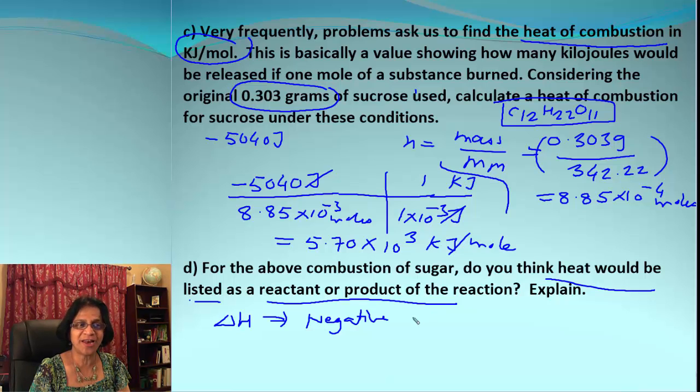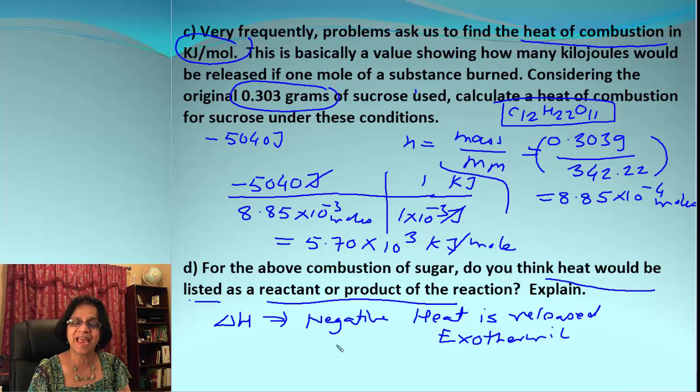A negative value indicates heat is released. If heat is released, it must be an exothermic process. And if it is an exothermic process, we write the heat on the product side. So there we go. We got the answer about how we represent enthalpy.